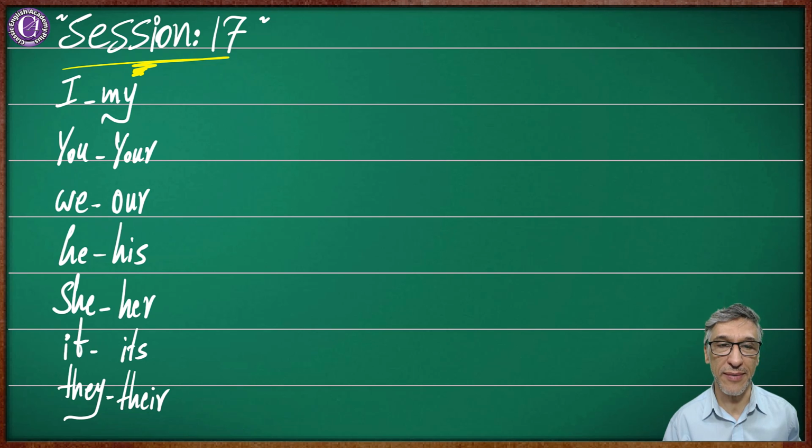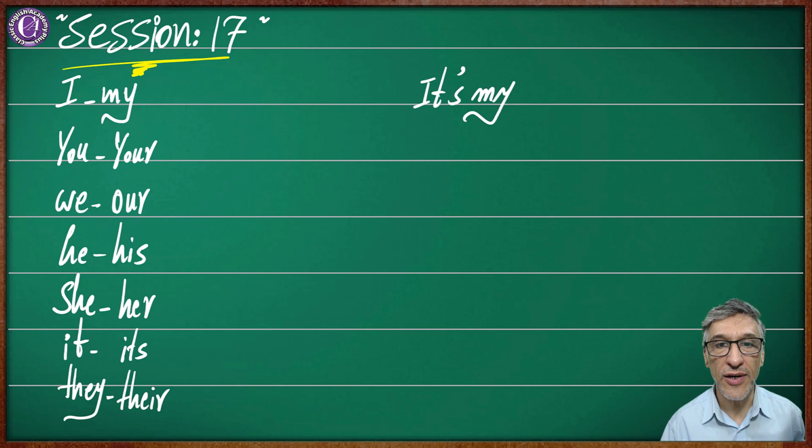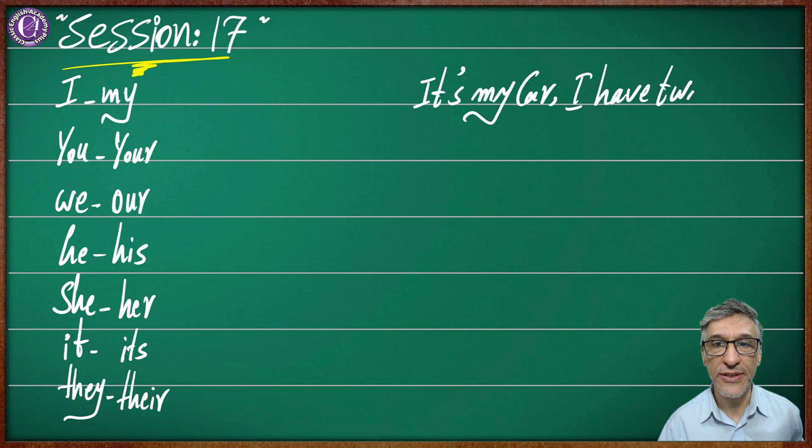Now let's make some sentences. I'm sure that you remember it, but let's try it. We say, it's my car. I have two cars. Look at this one.